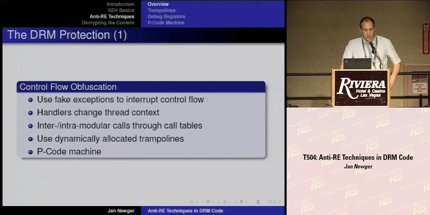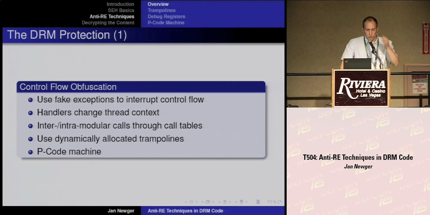And the exception handlers which react on these fake exceptions actually use logic to change the thread context. So what you have is an exception handler. Since it's able to modify the thread context, it can, for example, change the instruction pointer and the program resumes at a totally different location. Additionally, there are many call tables in order to stop disassemblers from successfully performing cross-referencing.